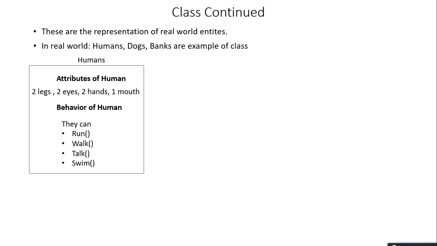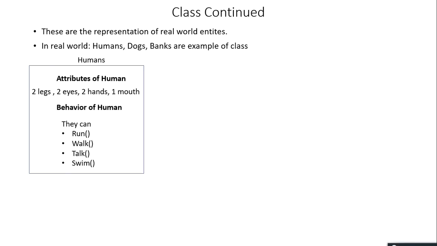Those can be treated as attributes of human. And the behavior of human can be treated as, like, they can run, they can walk, they can talk, they can swim. Some can swim, some cannot. So the behavior and attributes of a human can be converted into variables and functions.